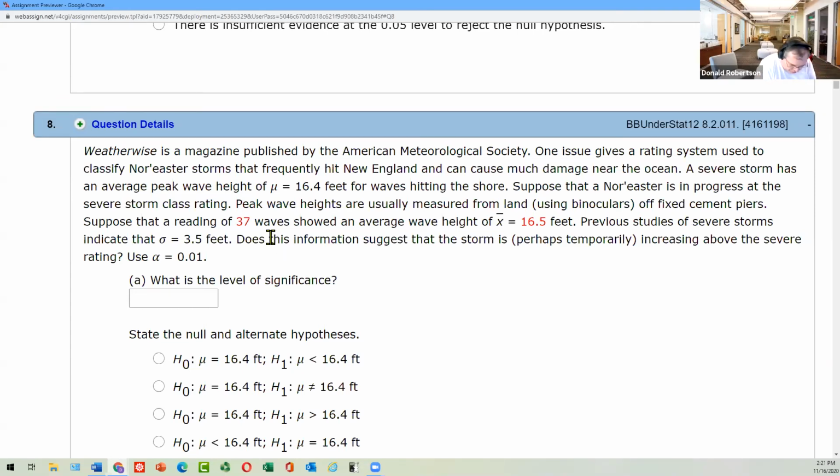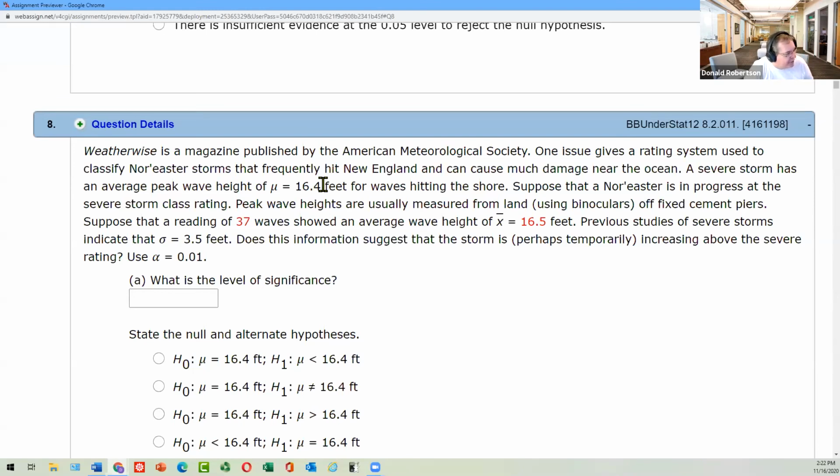Now there's a null and an alternate, just like we've been doing, and it's the same kind of story. It's a mu equals and a mu bigger than, less than, or different. Does this information say the storm is perhaps increasing? So is it greater than? And increasing in this world means bigger than 16.4.